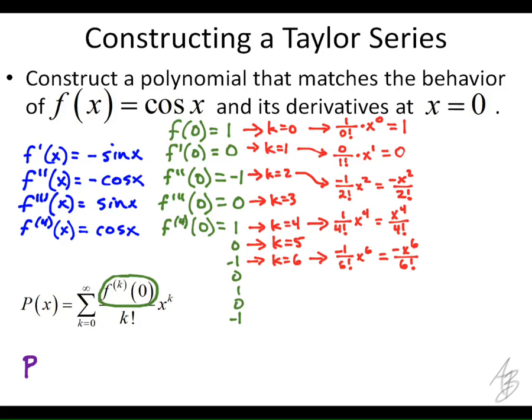So we're going to have our p of x, and remember this is the polynomial that's going to approximate the cosine curve. That's going to equal 1 plus, minus x squared over 2 factorial plus x to the fourth over 4 factorial minus x to the sixth over 6 factorial.